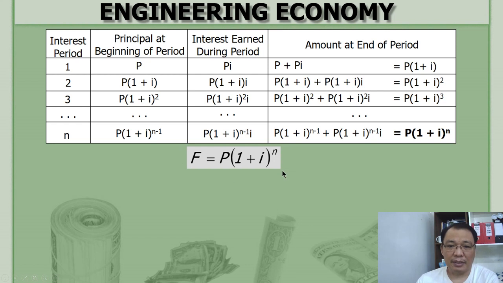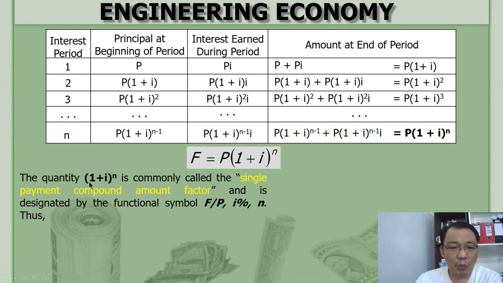So, the quantity 1 plus I raised to n is commonly called the single payment compound amount factor. Compound amount factor because if you are going to multiply this factor to P, makuha nimo ang value sa F. The amount will be compounded.